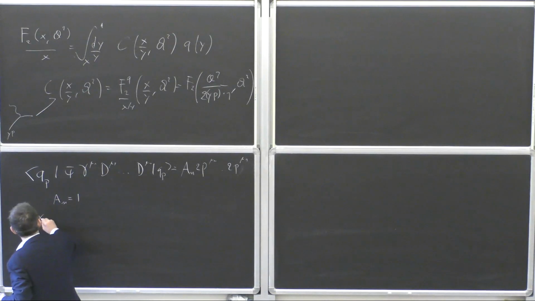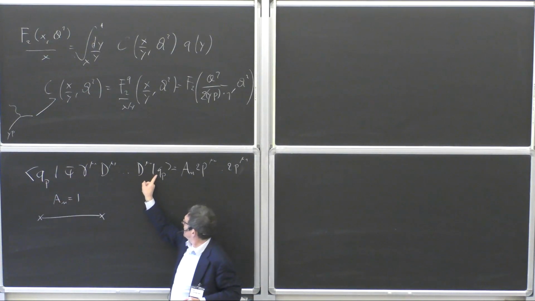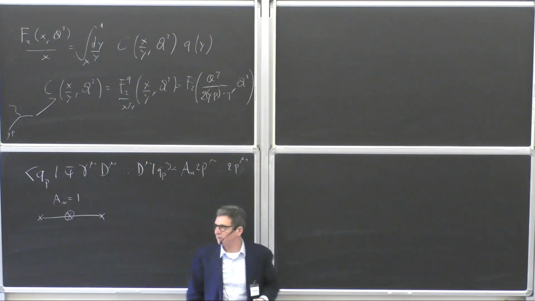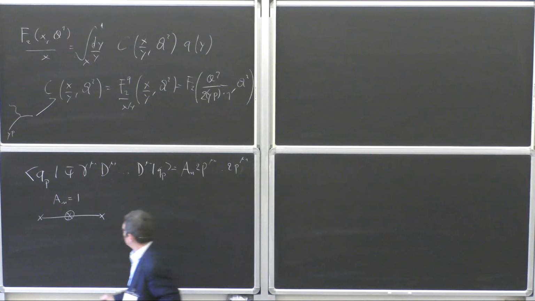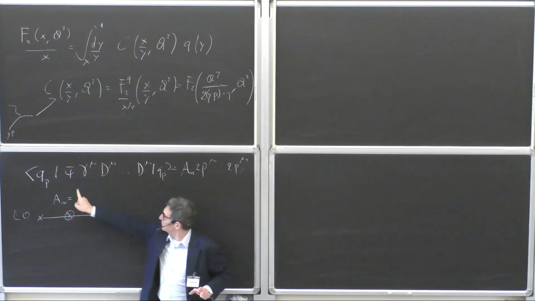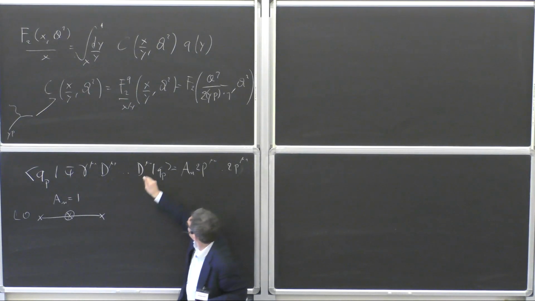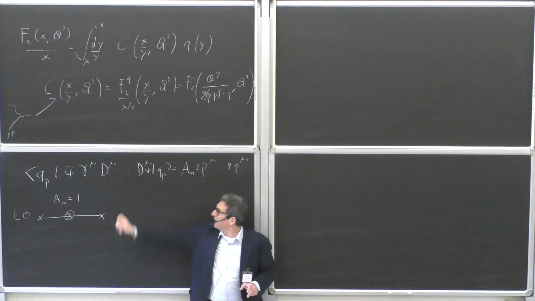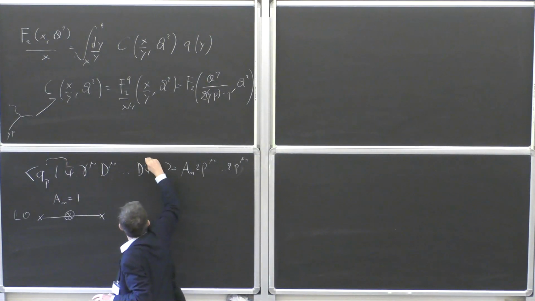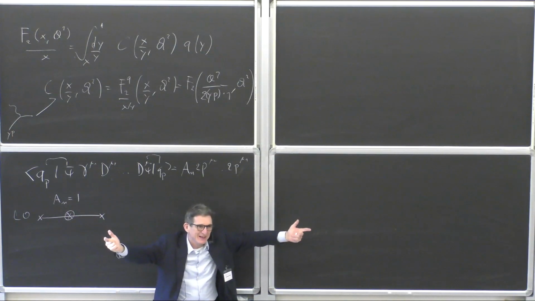So basically what you're doing here is you have the incoming and outgoing states, and here in the middle you have the matrix element of the operator, and at leading order this is the only Feynman diagram that you have, which means you pick up a creation operator from this, an annihilation operator, I'm sorry, there was a field sign missing here, an annihilation operator from this, you contract them with the state here, and then you have a Dirac spinor, and then you use the Dirac equation, like I said yesterday.